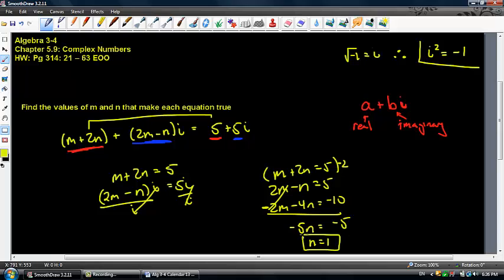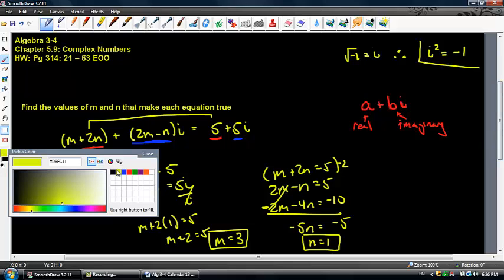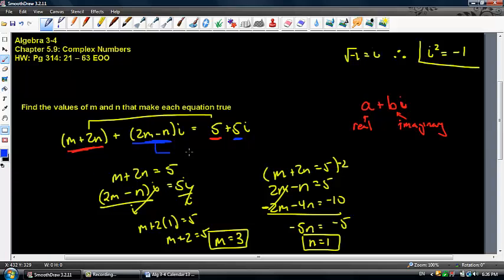I'm going to plug that into the original. So m plus 2 times 1 equals 5. m plus 2 equals 5. Therefore, m equals 3. Okay? So the point of this is to be able to match up the real to the real, the imaginary to the imaginary. And then you set it up as a system and you solve it.